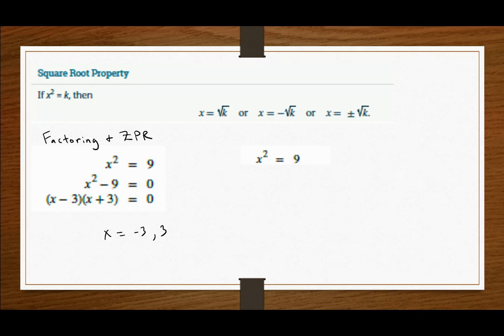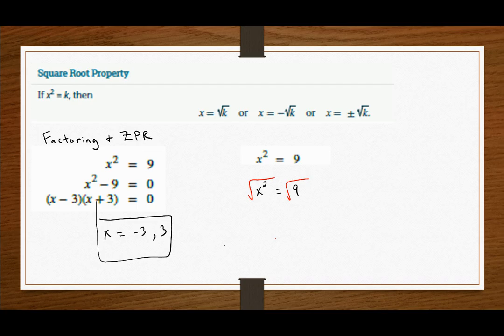There's another method, however, that we can use. The square root property allows us to take this expression and use radicals to undo the exponentiation. So x squared is equal to 9 can be solved by taking the square root of each side of this expression. We've talked about before what's called the principal root of an expression. Something like the square root of 9, for instance, actually has two solutions, as we would expect based on our second technique.